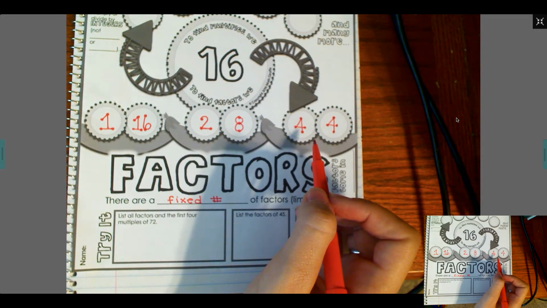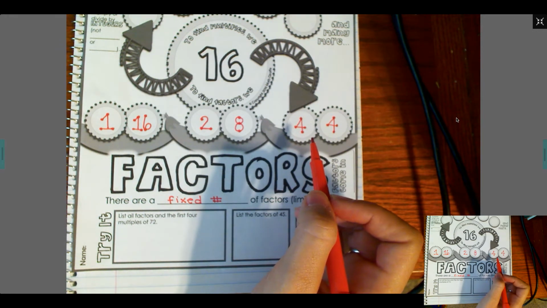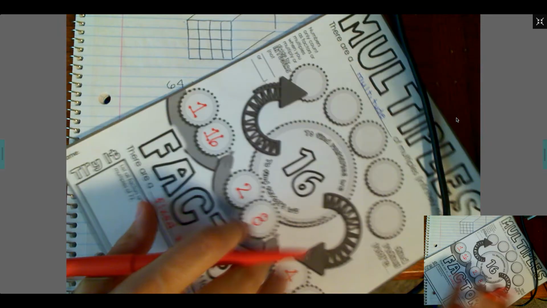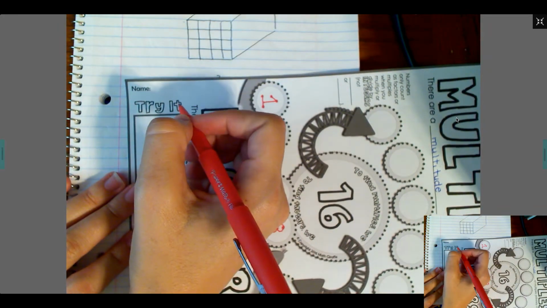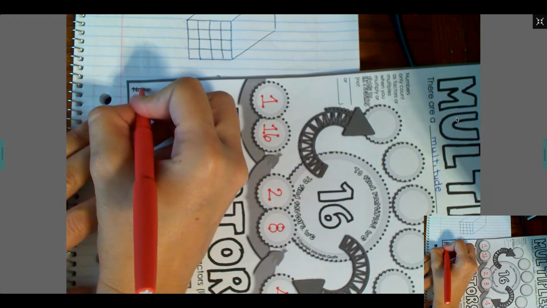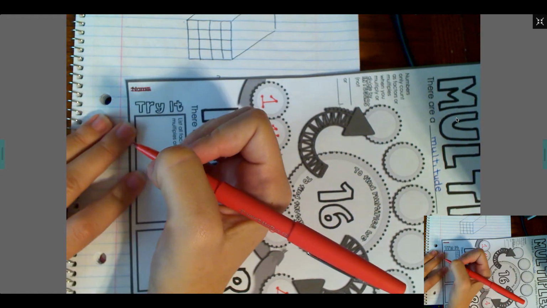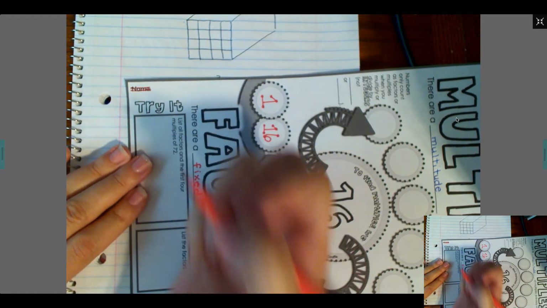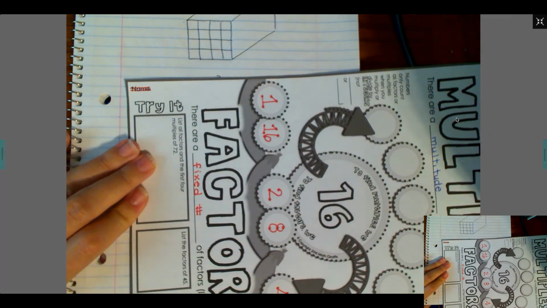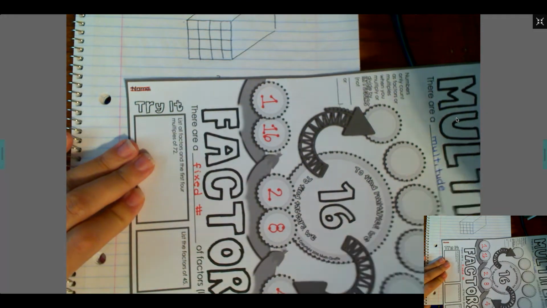So being that there are 5 factors of 16, I'm going to turn my paper to the side since I do not yet have it taped down. I know it says name right here, but it's in your interactive notebook, so I'm not going to worry about the name. I am going to remind myself of the following.